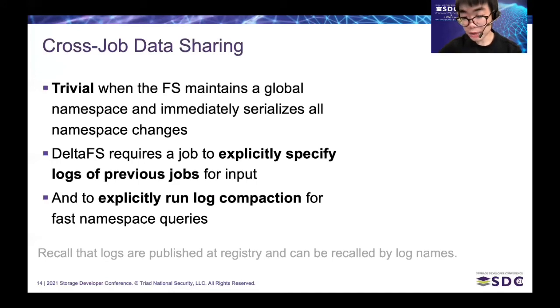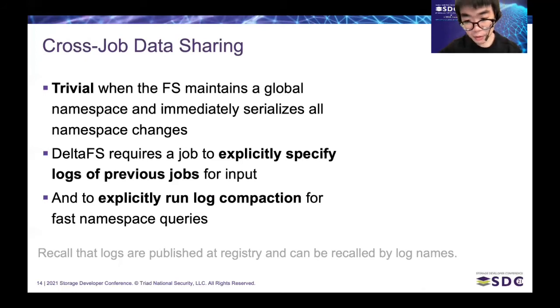We call this sequential data sharing. If there is a global namespace and a dedicated server that immediately serializes all namespace mutations, then this is trivial. The follow-up application can just go to the namespace to find all the data it wants.